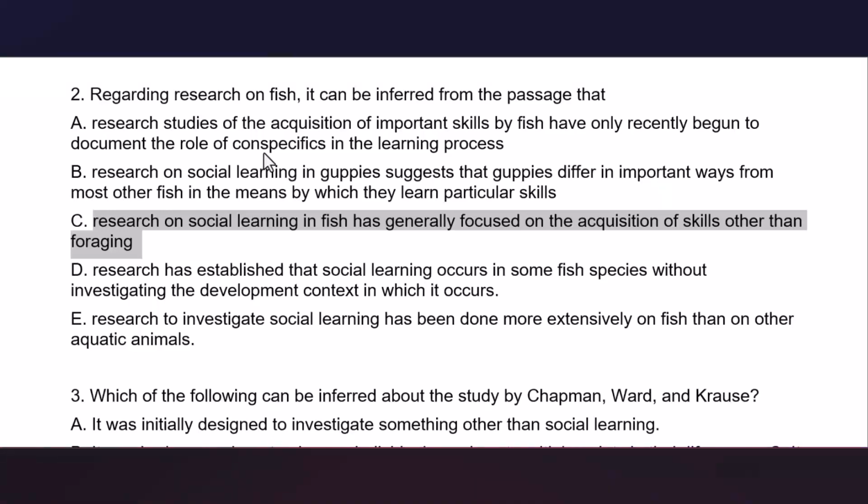They can, for example, locate food by following adults. So this option is clearly rejected because foraging has not been excluded from the study of social learning among fish.